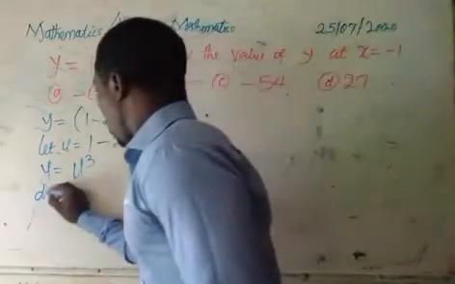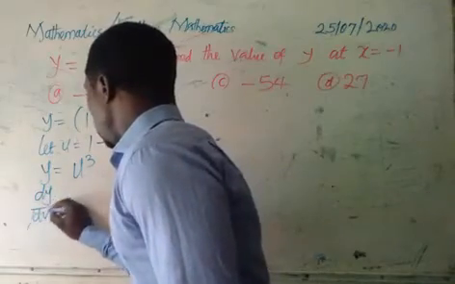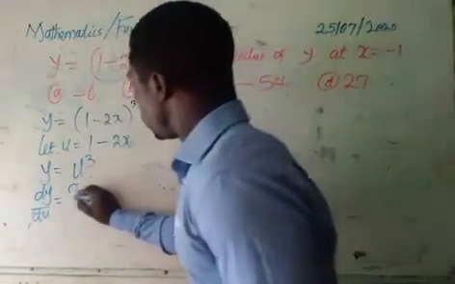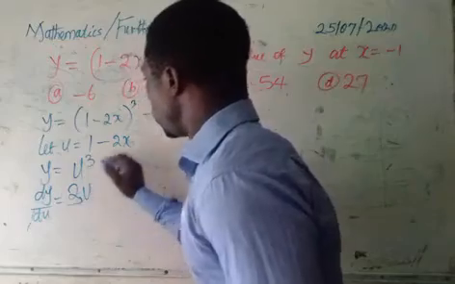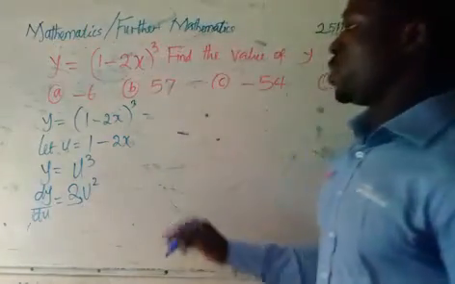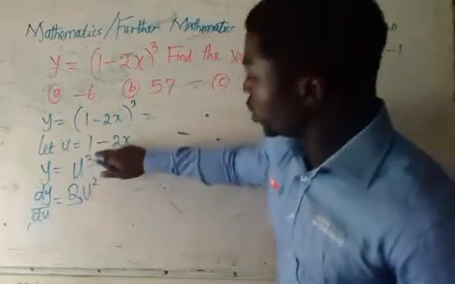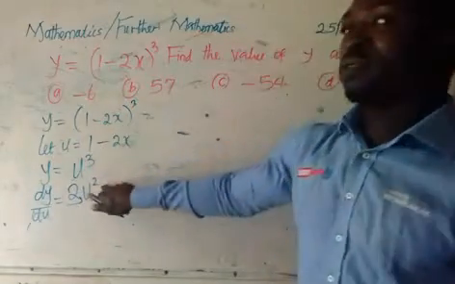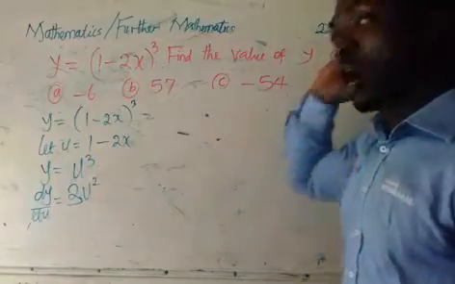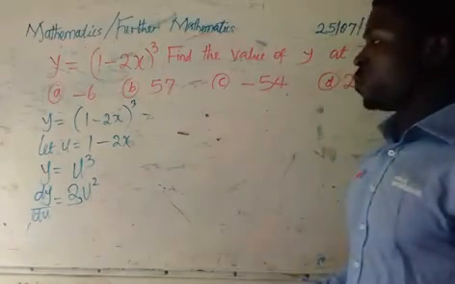So dy/du will be equal to 3u raised to the power of 2. That is, bring the 3 down, and then we have u raised to the power of 3 minus 1, to give us 2. That is how to differentiate this way.